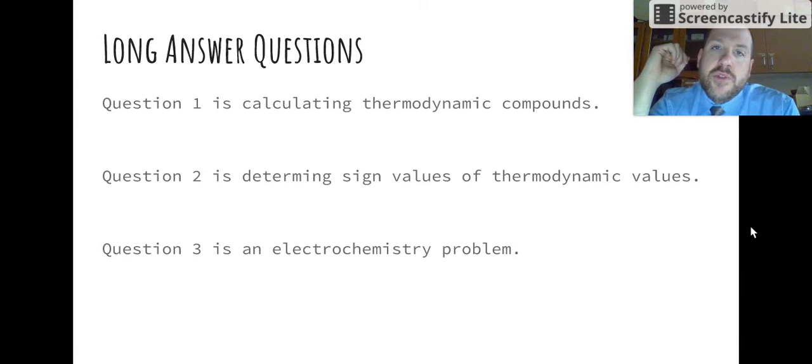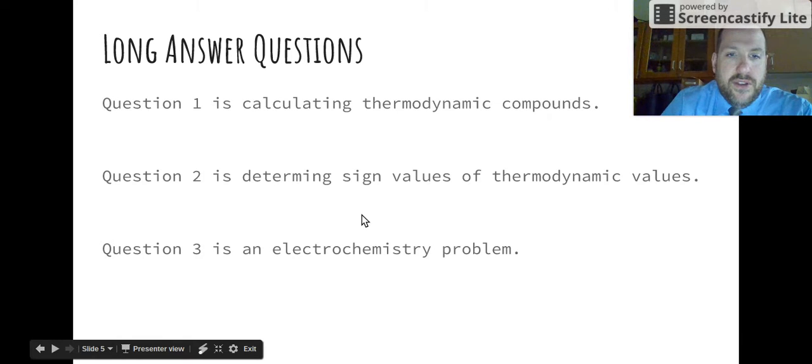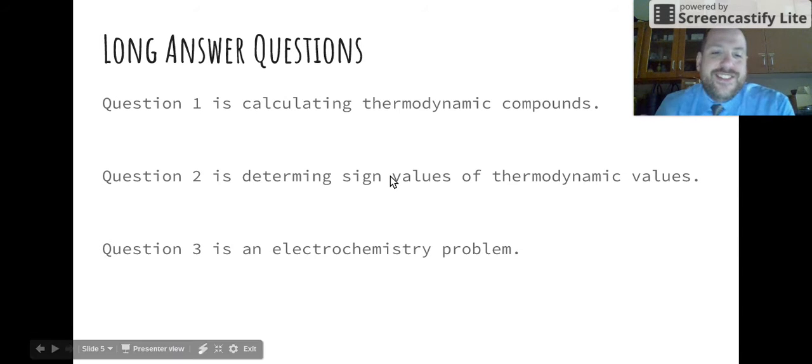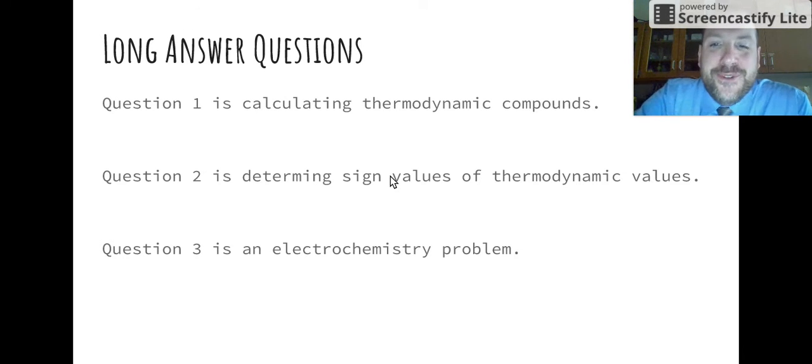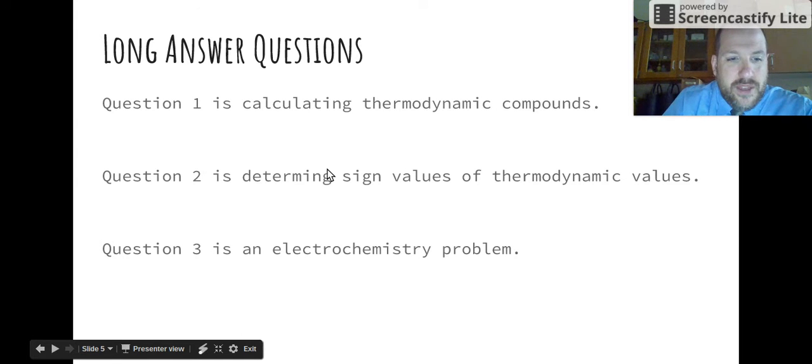And then question 2 is determining, boy, I didn't really do this very well, it's determining the signs of thermodynamic values. Okay, it seems like I was crazy when I wrote this.